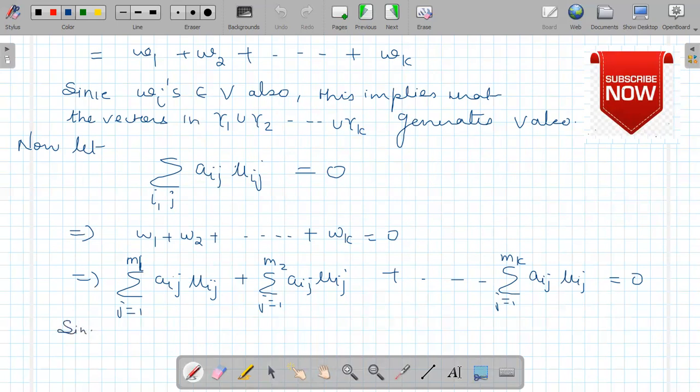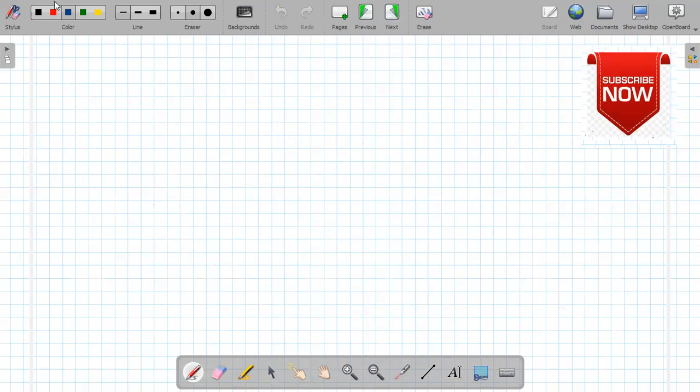So since it is given that each vector V belongs to V has unique representation, and zero vector also belongs to Wi, सारे subspaces में होगा by the property of subspace. So each Wi will be equal to 0.